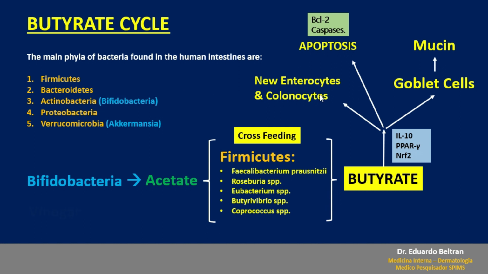Okay? Now, something that's fairly interesting is that a lot of people that I know and that I've seen are taking vinegar, and we know that vinegar is rich in acetic acid. Now, this is pretty interesting, because we know that these bacteria feed off acetate in order to be able to make butyrate. And interestingly, vinegar, which is made of acetic acid, once it hits our stomach, which has hydrochloric acid, is going to break down this acetic acid and form what we know as acetate.